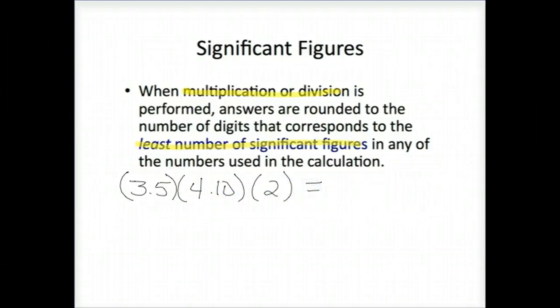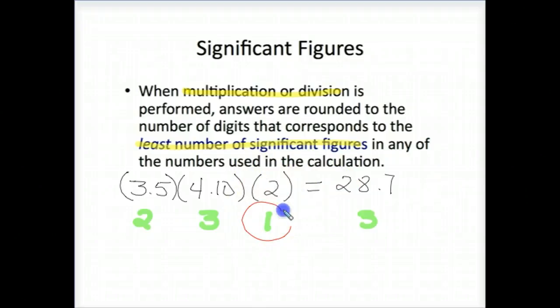And we should get 28.7. Now let's go back through. We're supposed to be figuring out the least number of significant figures. So in this one I have 2, I have 3, I have 1, and I have 3. So I have to have the least. I can only have one significant figure.